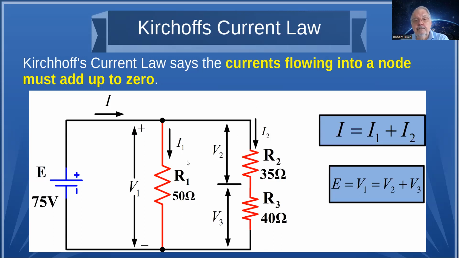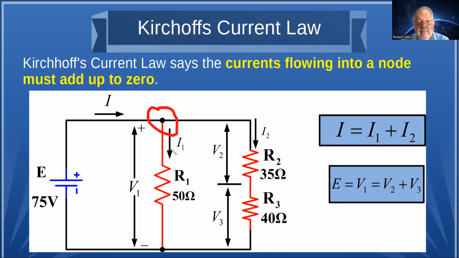If I have this same circuit and I want to apply his current law, then it says the current flowing into a node, and in this case, a node is this connection, must add up to 0. So I have I1 coming into the node, or excuse me, I coming into the node.